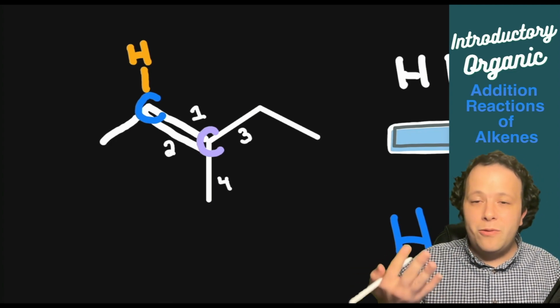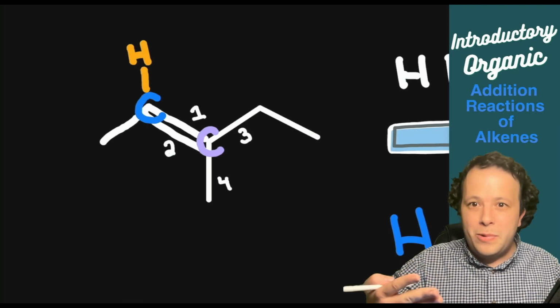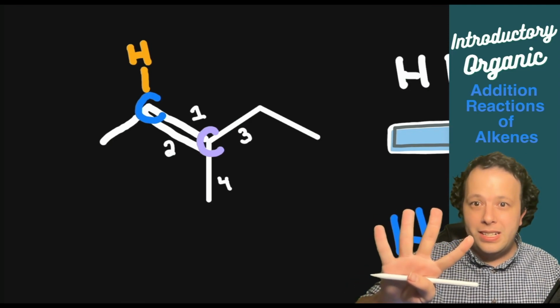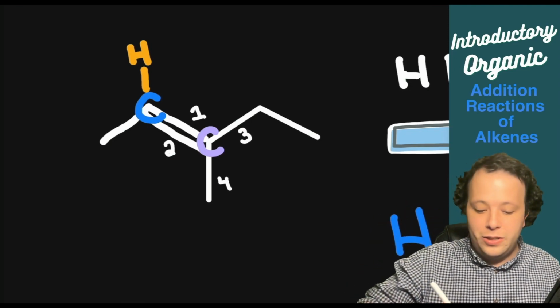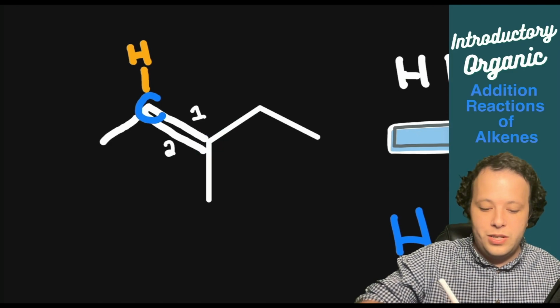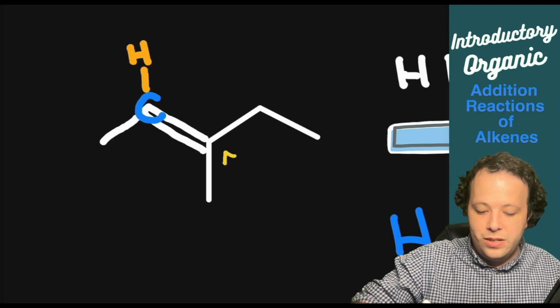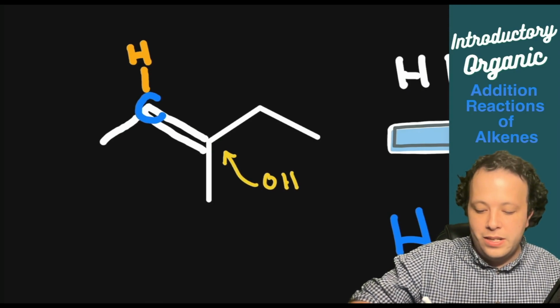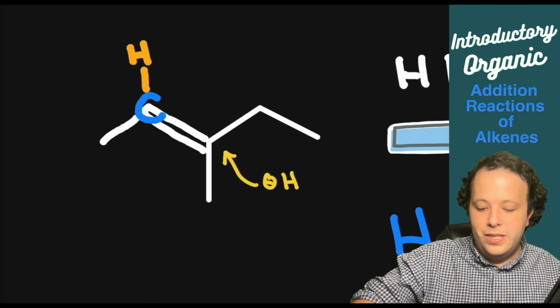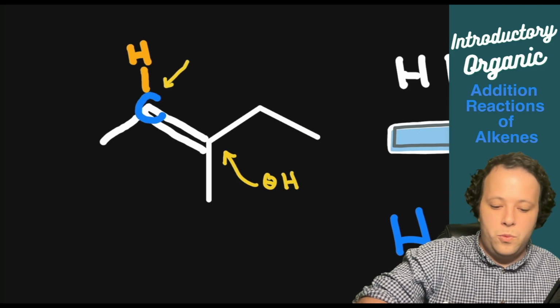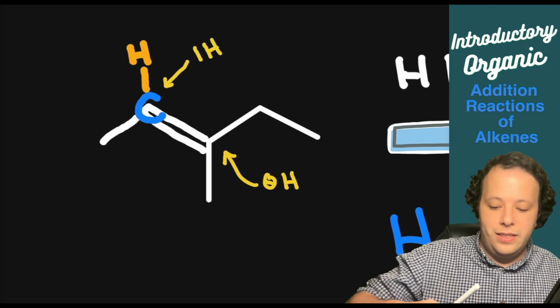So is there any room for hydrogen? If you remember, carbon can bond up to 4 things. It already has all 4 bonds. So for this one, we have 0 hydrogens on this carbon. So we have 0 on this side, and then we have 1 hydrogen on the left.